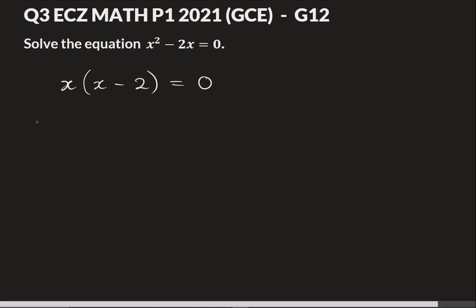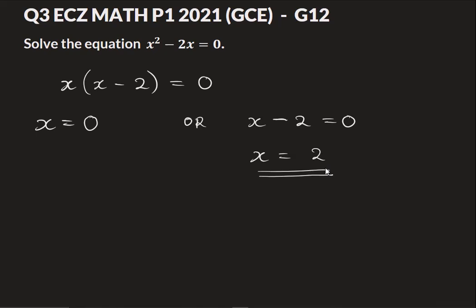And then we can confidently say x is equal to 0 or x minus 2 is going to be equal to 0. If you try out both x, if you put x to be 0, you have the answer 0. If you put x to be 2, you also have 0.